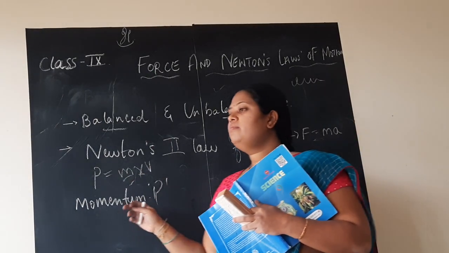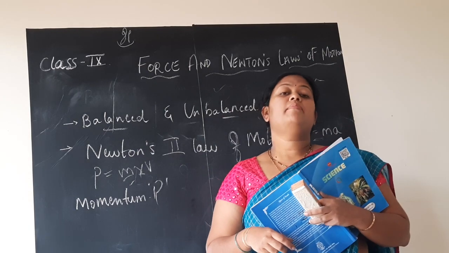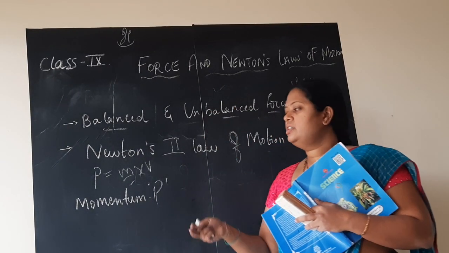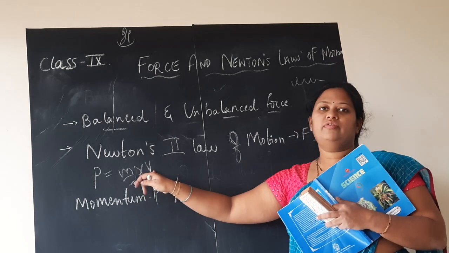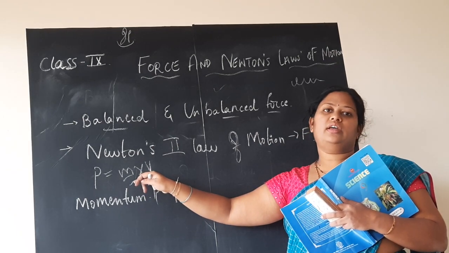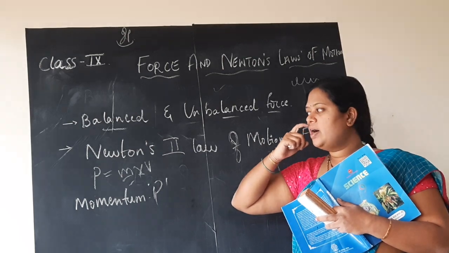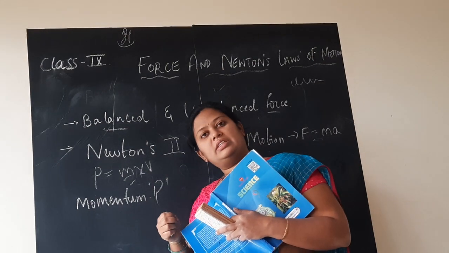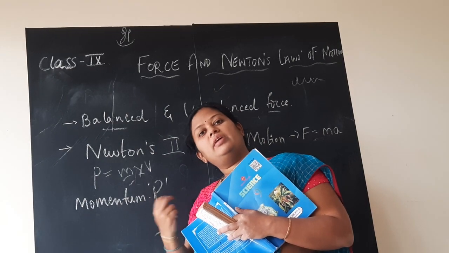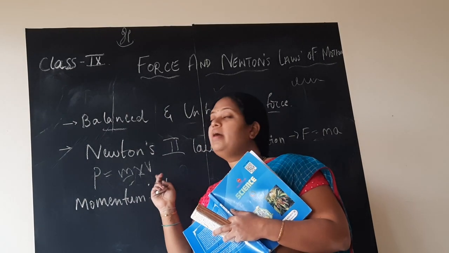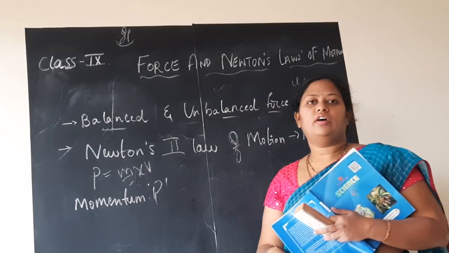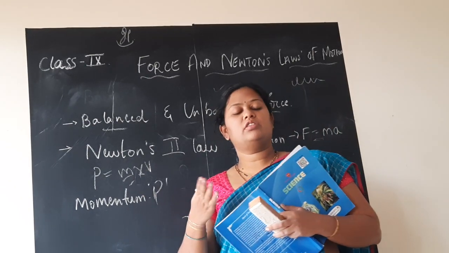This momentum is a vector quantity, meaning it has both magnitude as well as direction. Velocity is also a vector quantity. It has direction, and it has magnitude, like 2 meter per second, 3 meter per second, 5 meter per second. Velocity also tells which direction the object or vehicle is moving.